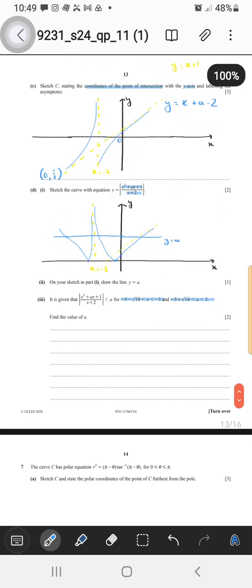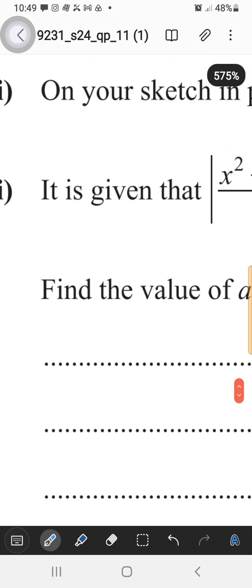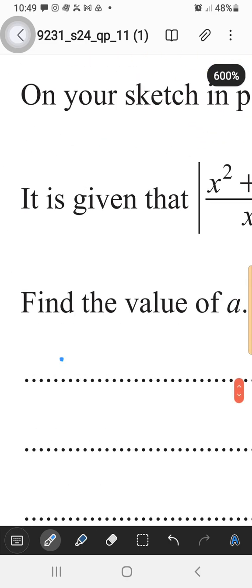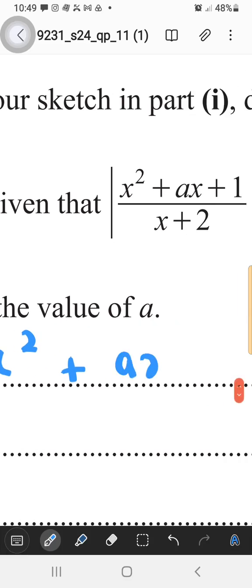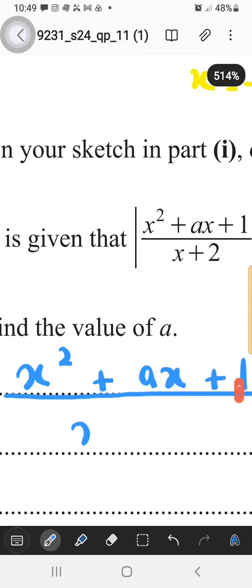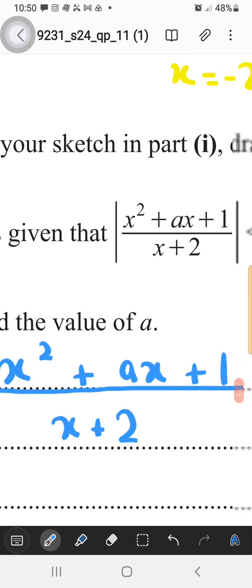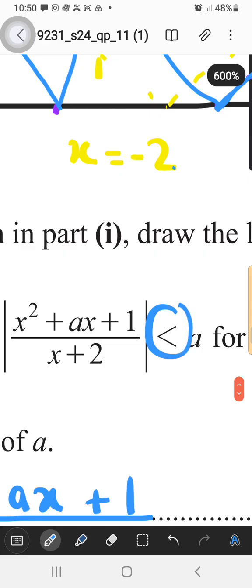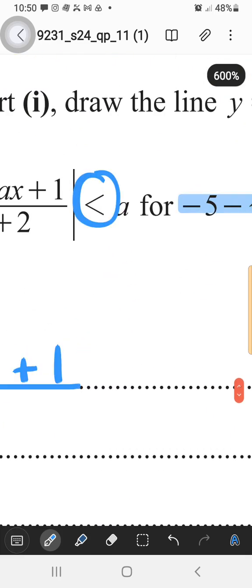To remove the modulus, what we have to do? When we remove the modulus, there is (x square plus ax plus 1) upon (x plus 2). I am currently removing this sign and writing is equal to a.